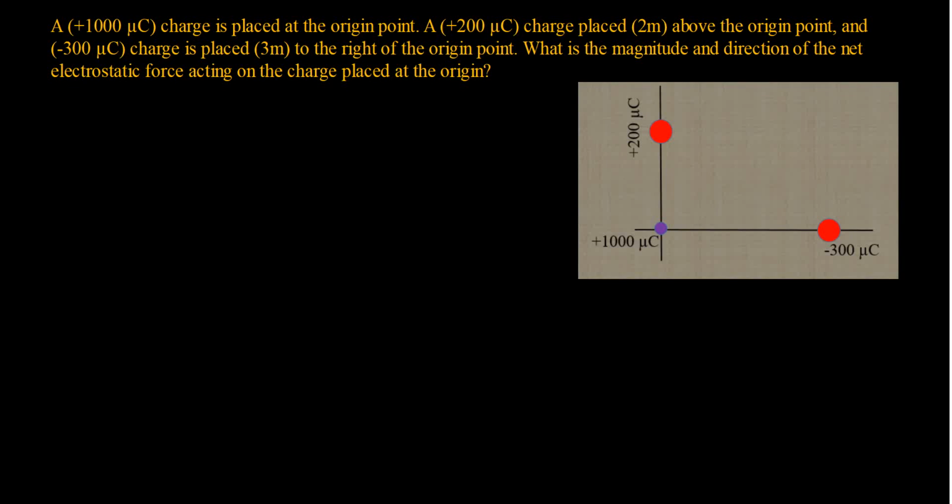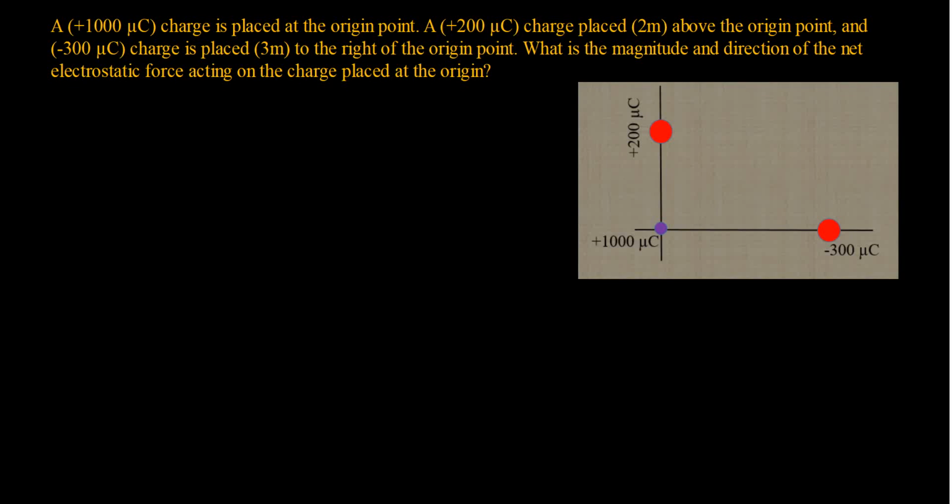Another positive 200 microcoulomb charge is placed 2 meters above the origin point, and a negative 300 microcoulomb charge is placed 3 meters to the right of the origin point. What is the magnitude and direction of the net electrostatic force acting on the charge placed at the origin?